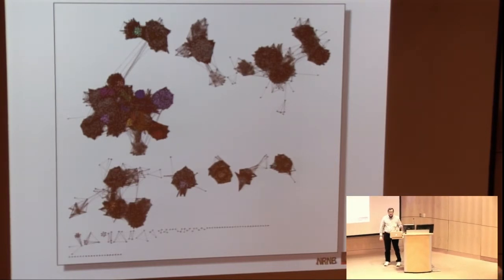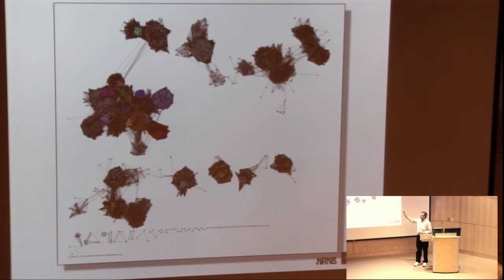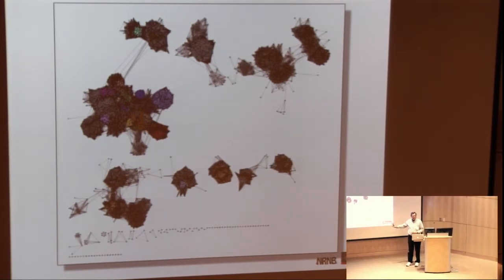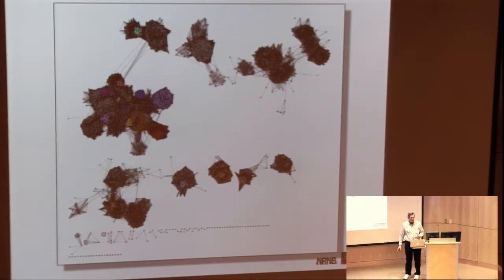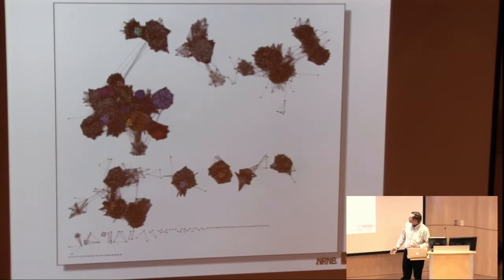This is the enolase superfamily. This is huge. I can't remember how many nodes, but I think it's like 5,000 nodes. It's a gigantic network. But what's really cool about this is if I take a look at this group, the colored areas are functionally annotated.